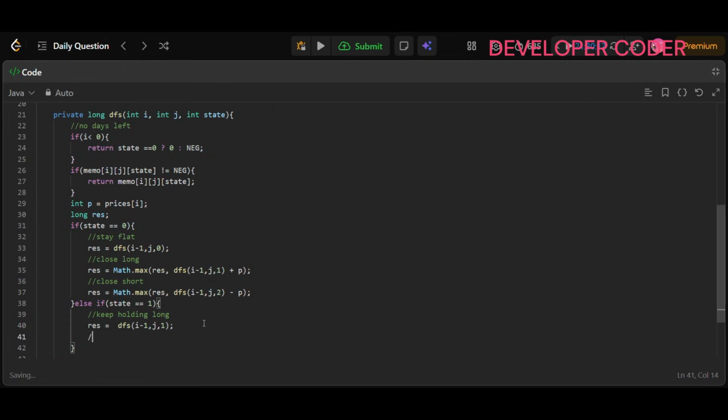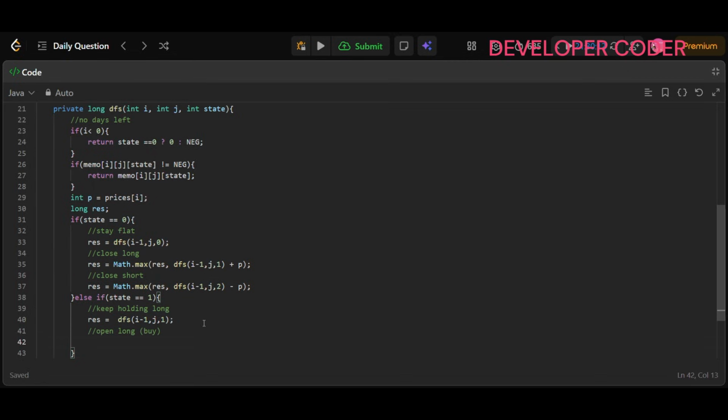And here you move to the long side: if you open long, that means you are going to buy. Buy means you are giving away the money. So for opening there will be a transaction count. Here, first make sure that your j value is greater than 0.